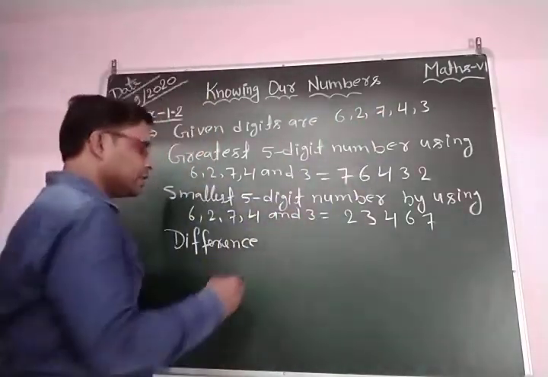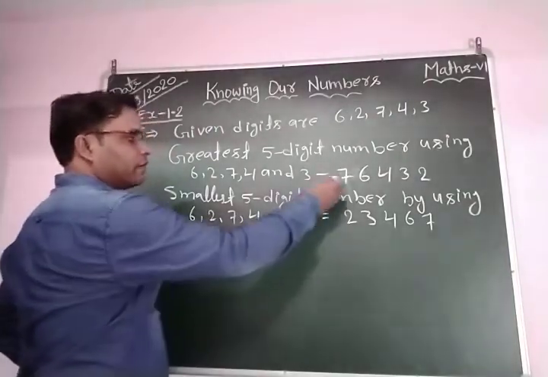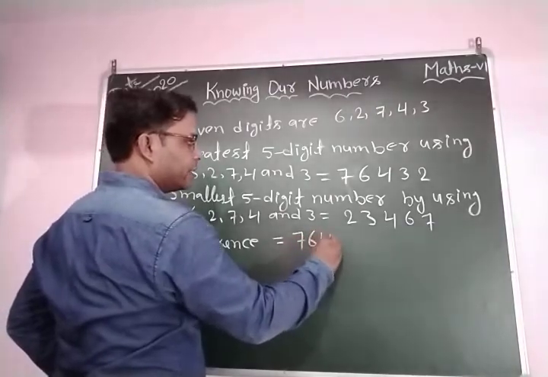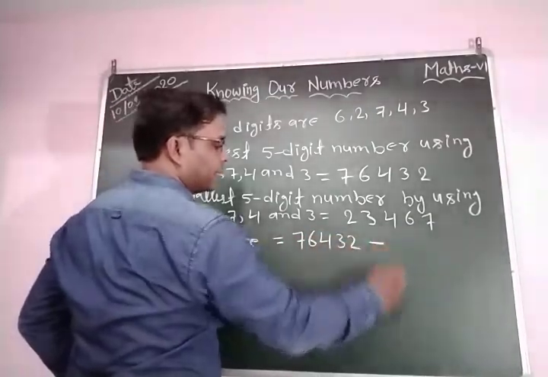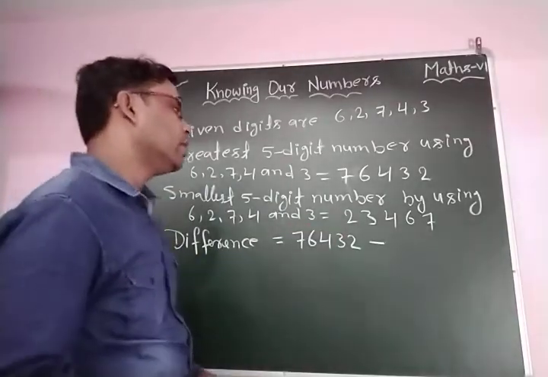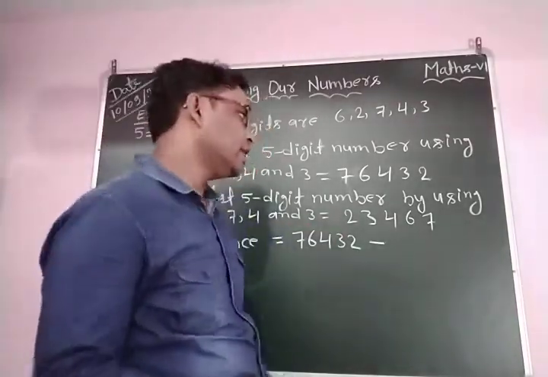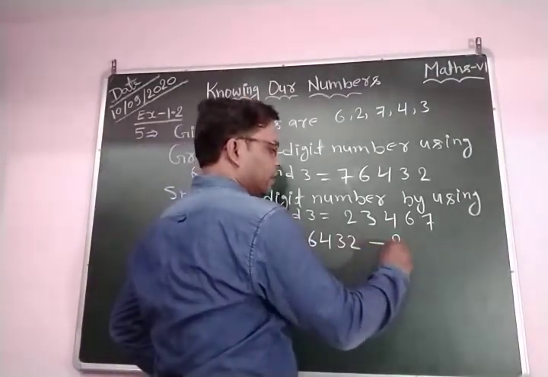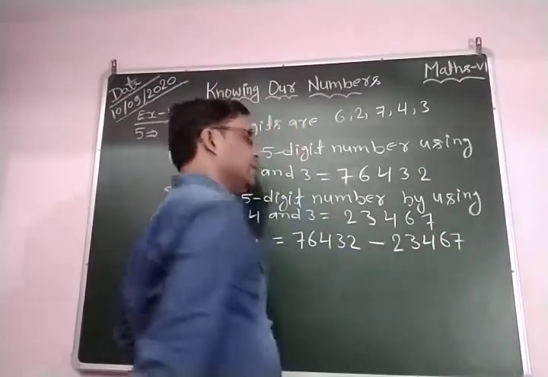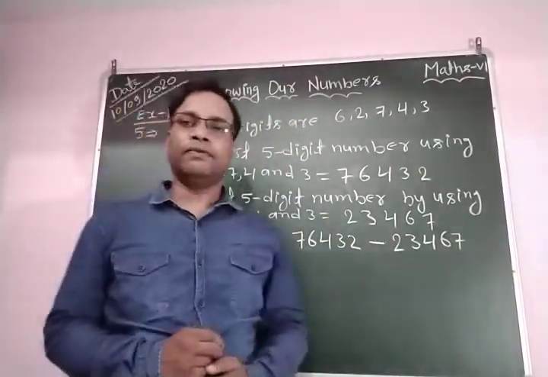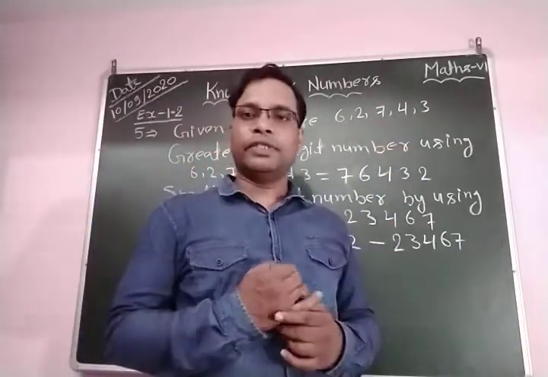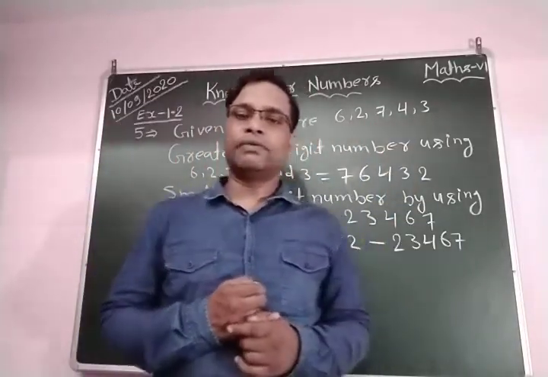The greatest 5-digit number we found right here is 76,432, minus the smallest 5-digit number, which is 23,467.